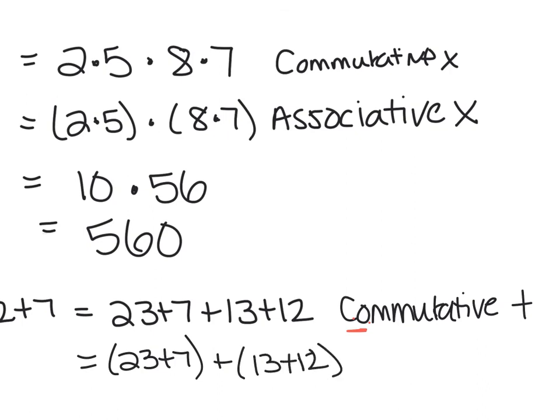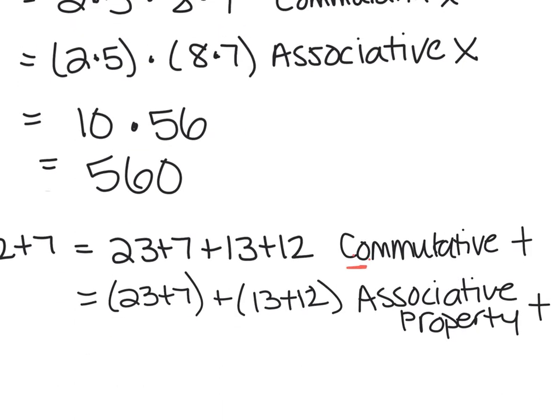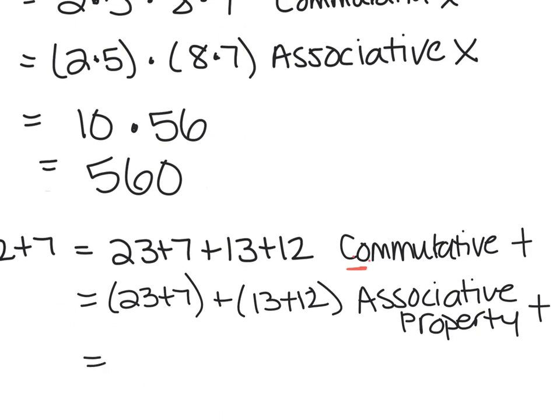Remember, parentheses grouping is the associative property of addition because we're adding. So now 23 plus 7 is 30, 13 plus 12 is 25, and I can very easily get 55 as my answer.